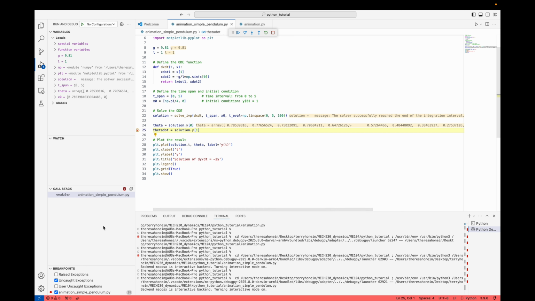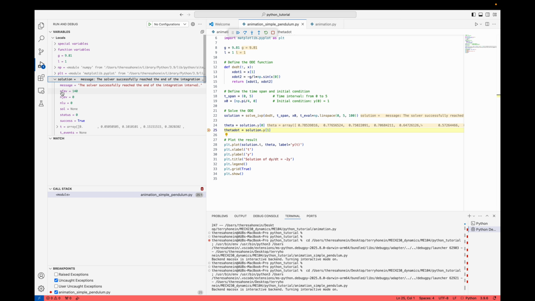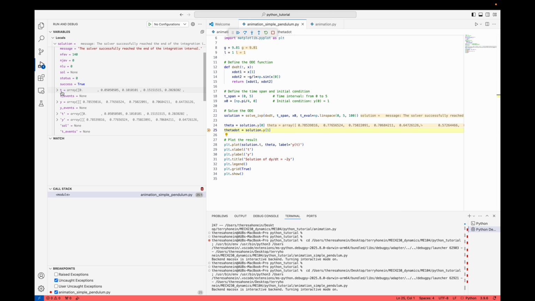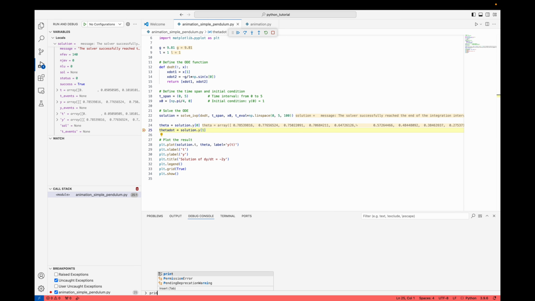Okay, so basically if I look at the debugger, solution is the solution of the ODE, so I'm gonna output or see what the solution is. It's an object that has the time array and the y array, and the first row is gonna be theta, y0, and the second row is gonna be theta dot.